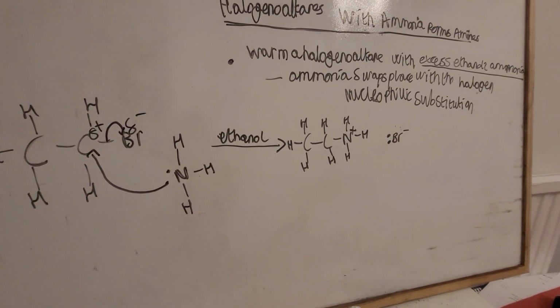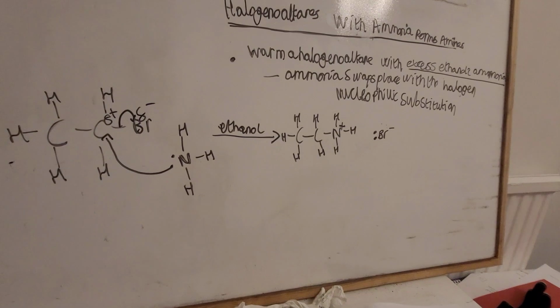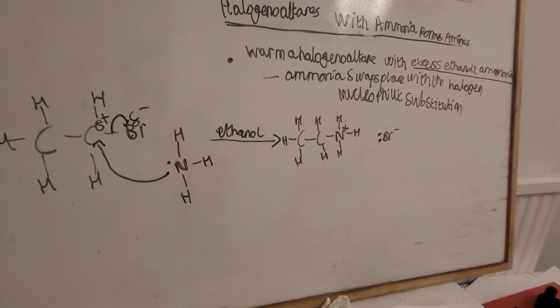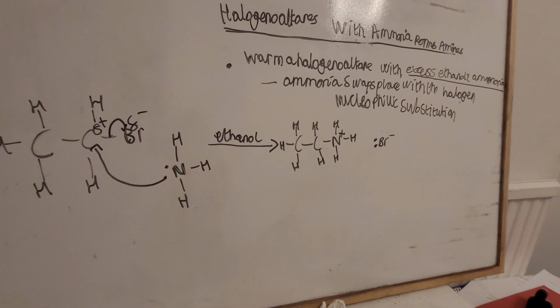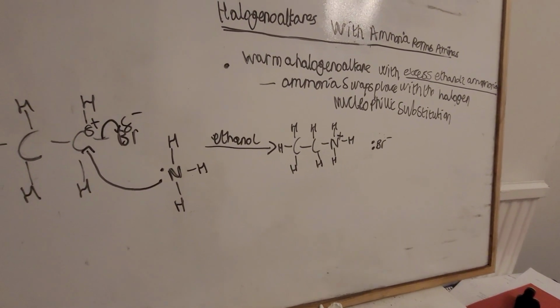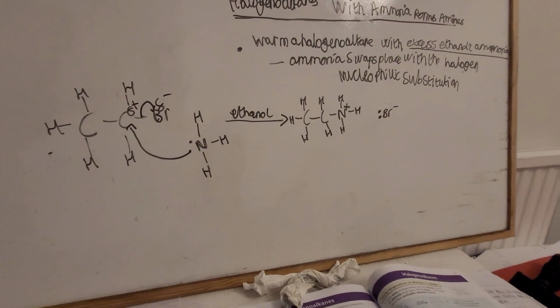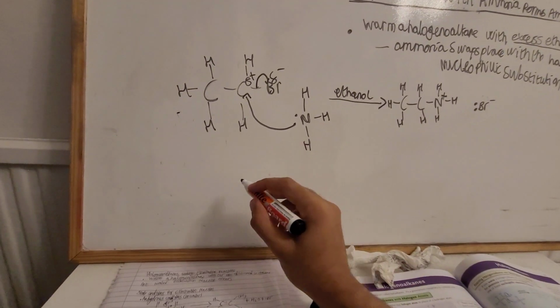So exactly the same as a normal nucleophilic substitution reaction. However, now the ammonia is going to remove a hydrogen from the NH3, forming an amine and an ammonium ion, which is NH4 plus.